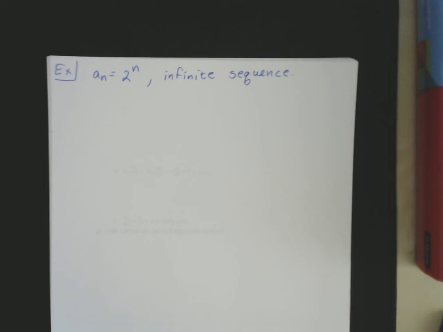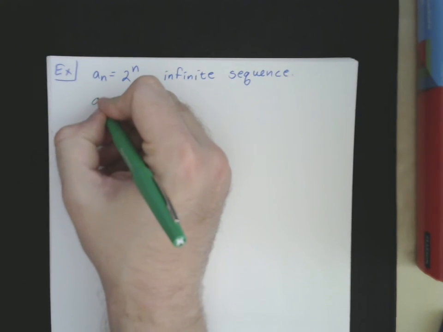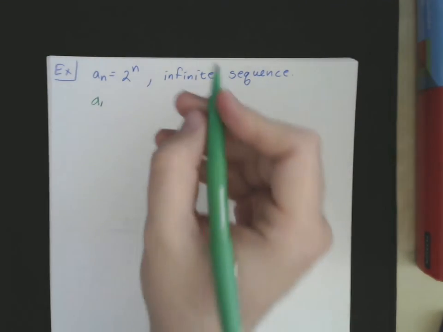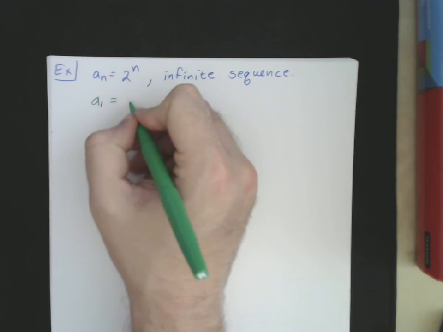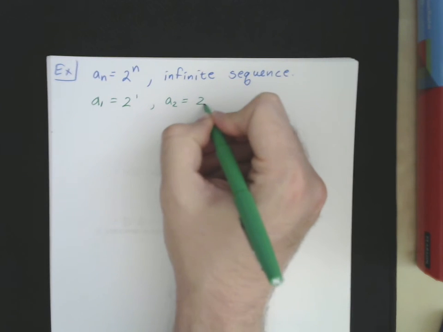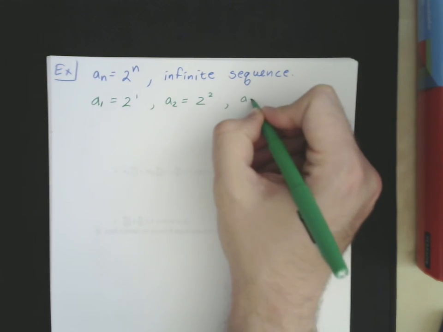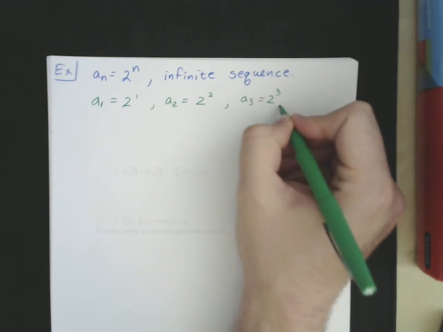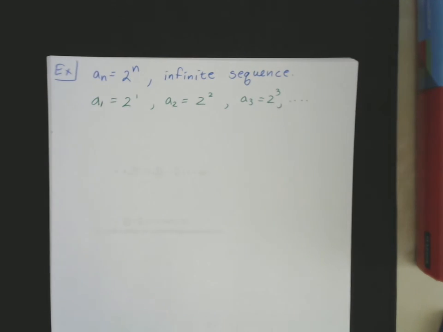So this is an infinite sequence because we can always take higher and higher powers of 2. So when you're talking about the terms of a sequence, the first term is always a1 or a sub 1. And in this case, this is 2 to the first. A sub 2 is 2 to the second. A sub 3 is 2 cubed, and so on. And this will continue forever and ever and ever.